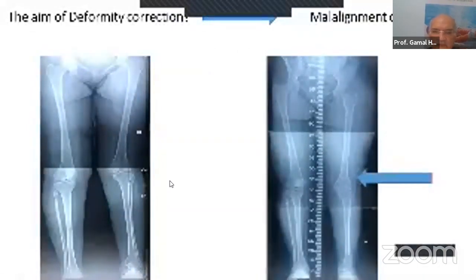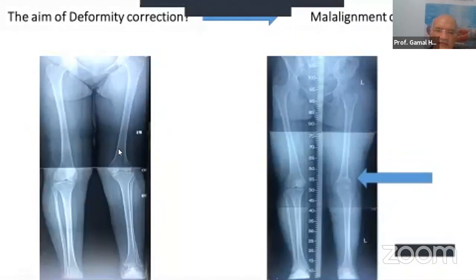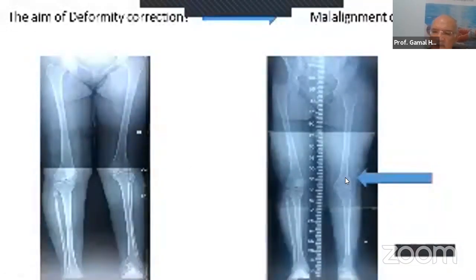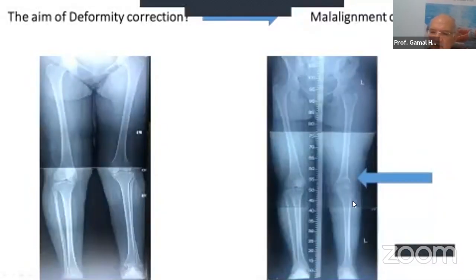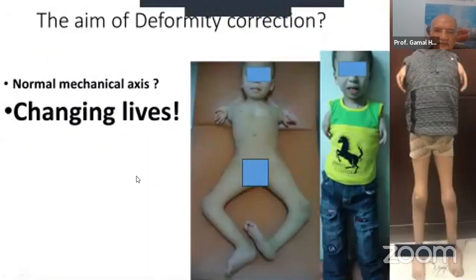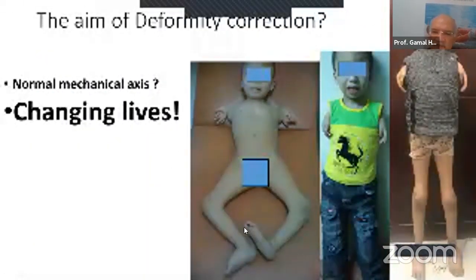If this is just a malalignment correction, look at this patient with a valgus deformity who had a supracondylar femoral osteotomy, and we corrected the mechanical axis. It's not just like this. Look at this patient with such a deformity.